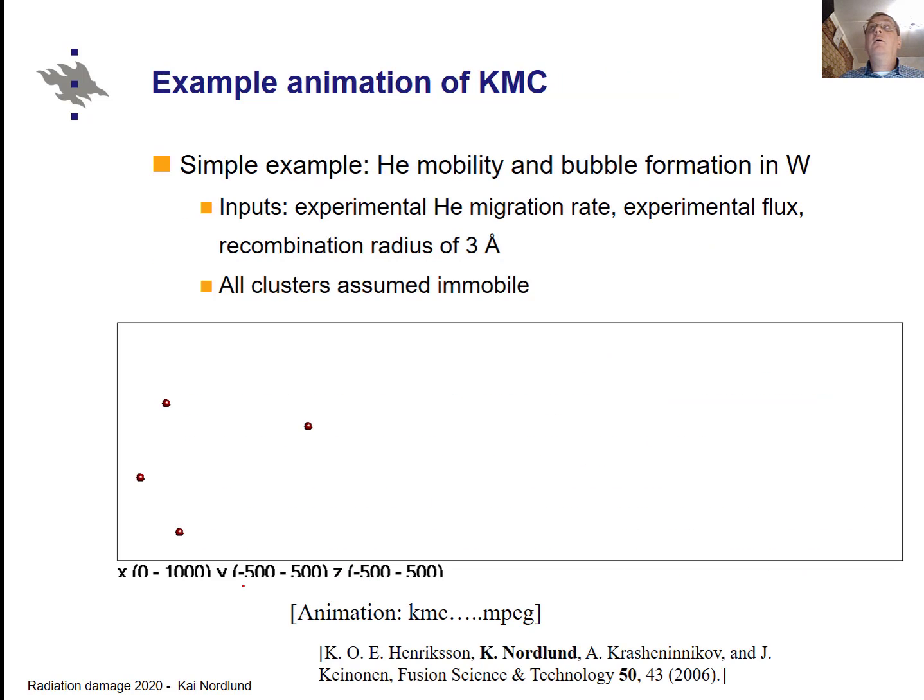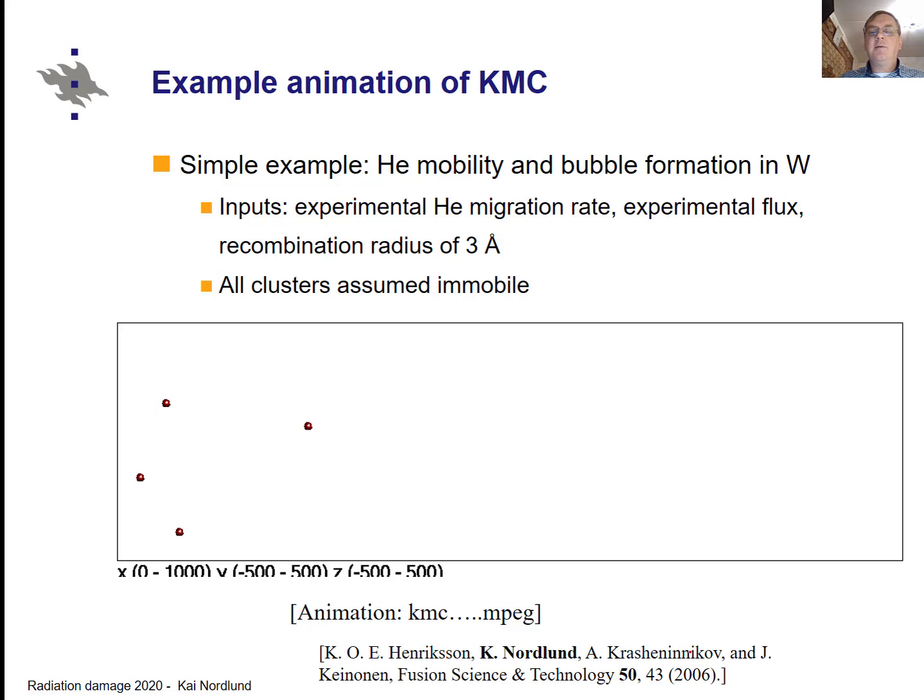Now, without additional detail, there are, of course, courses which describe KMC separately and give a lot of details, and review articles. I'll just give a couple of simple examples. The first one is really extremely simple. This is modeling helium mobility and bubble formation in tungsten.